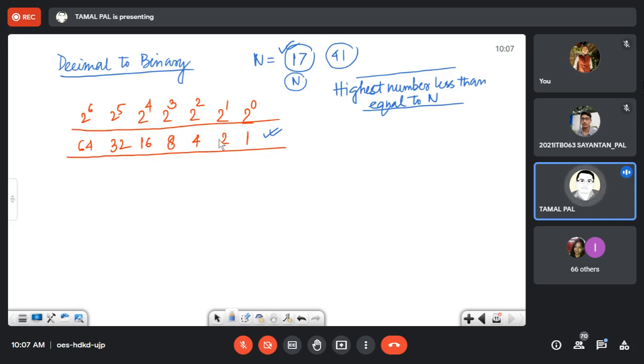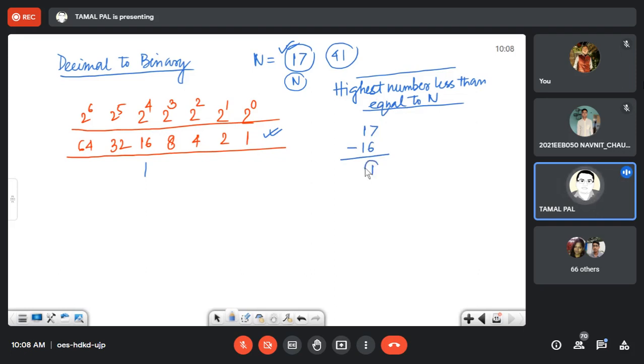Now in that case, what is the highest number less than or equal to n? Tell me. 16. So we put 1 below 16. Actually, I am discussing this very slowly, but when you get used to it, you can find it instantly. Now you have selected 16, so let us reduce the number by subtracting that highest number.